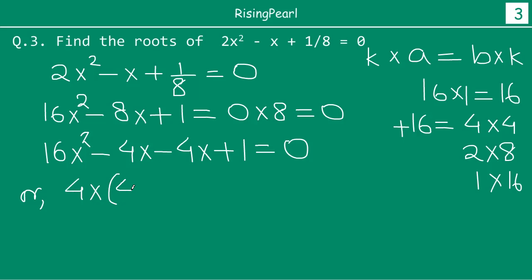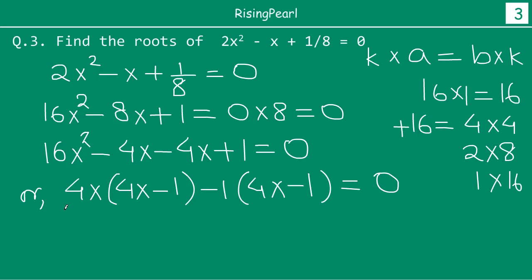So 4 times 4 is 16 and x will come here, minus 1, because this is 4x, minus 1. From the other two terms we will take minus 1 common, so we will get 4x minus 1, because minus minus will become plus, equal to 0. So between these two we will take 4x minus 1 common.